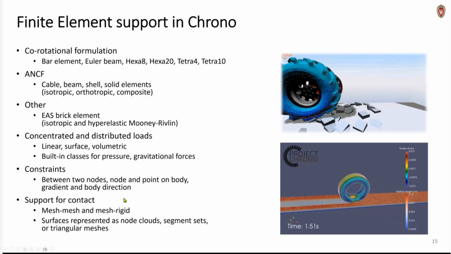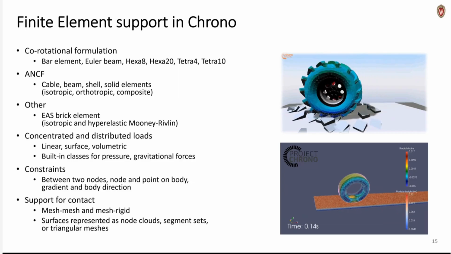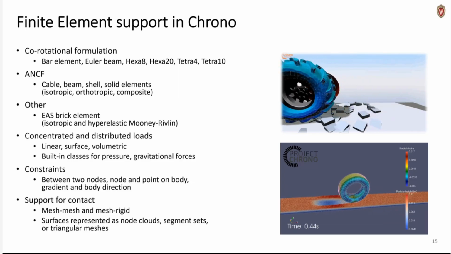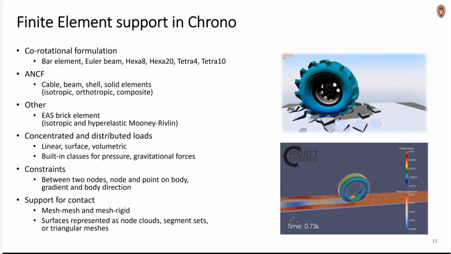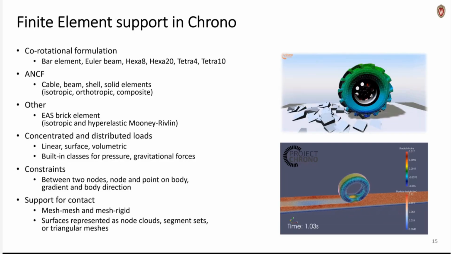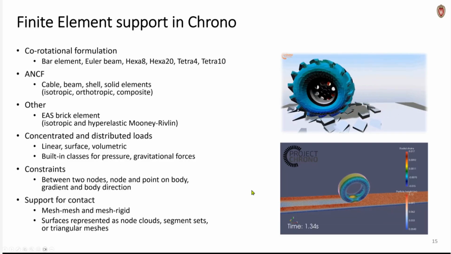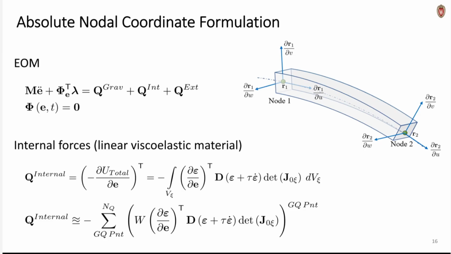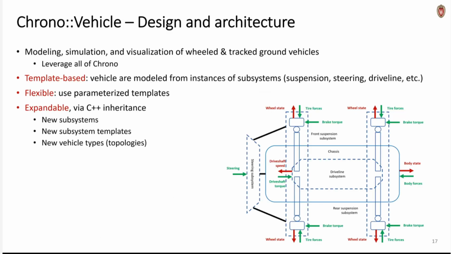And of course, you can do contact, so interaction with the environment, both mesh to mesh, finite element mesh to finite element mesh, and mesh to rigid solids. I suppose you're going to cover something of finite elements. This is just the type of equations. I just wanted to tell you that you're solving some PDEs that are discretized to ODEs or DAEs using finite elements, right? So another type of mathematical model.